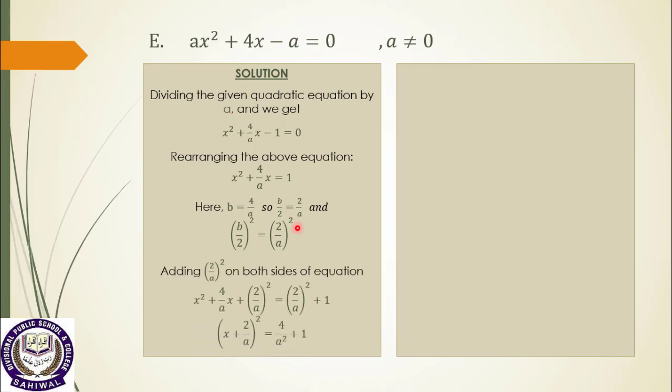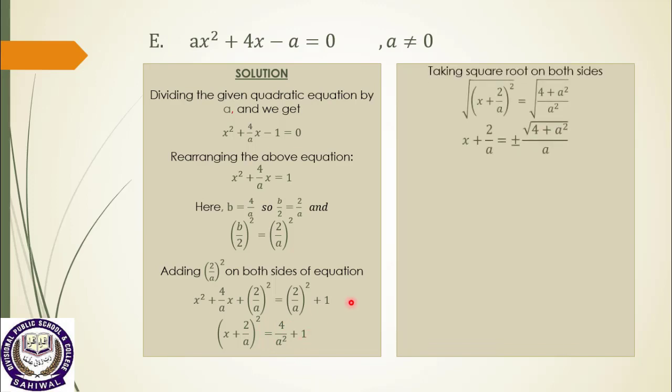Adding this 2 over a the whole square on both sides of the equation, we get x square plus 4 over a x plus 2 over a the whole square equal to 2 over a the whole square plus 1. As we can observe that the left hand side forms a complete square, so we can write it as x plus 2 over a the whole square, which is equal to 4 over a square plus 1.